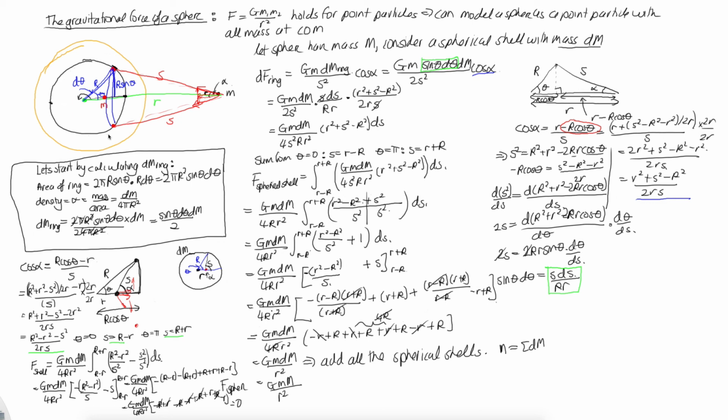This part of the sphere is further away and has a force in the opposite direction. There's more mass on this part of the sphere, there's less on this part, but this part is closer. So you can see how those two effects could intuitively kind of balance each other out, but we have shown formally that they do completely cancel each other out.